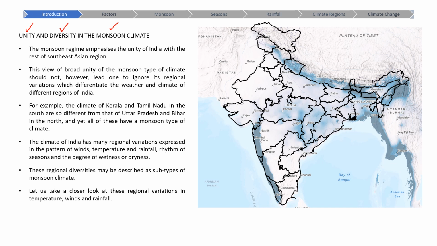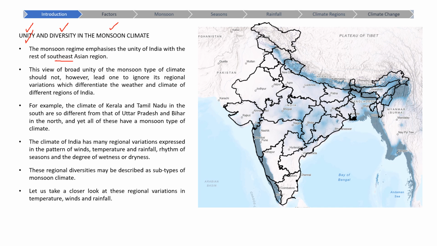So the whole country is getting this unity. And this unity makes India different from the rest of the world, like from Southeast Asia, from West Asia, from North Asia, like that. So this is the unity.